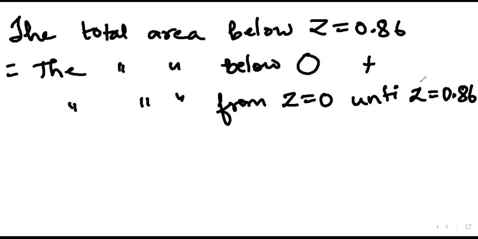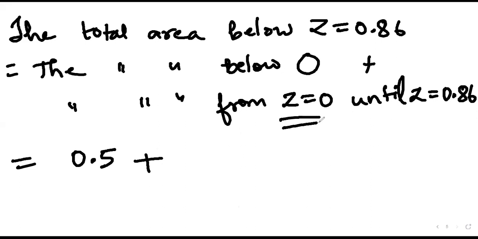Correct? Has anyone got any doubts? We know that the total area below 0 is 0.5, but the next step is to determine the total area from z equal to 0 to z equal to 0.86.